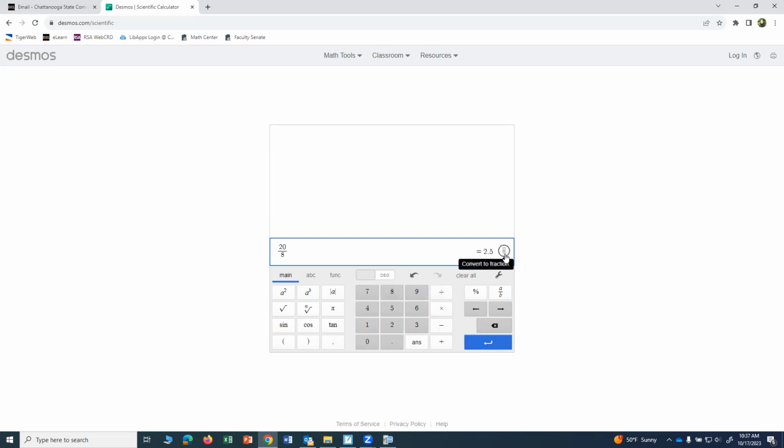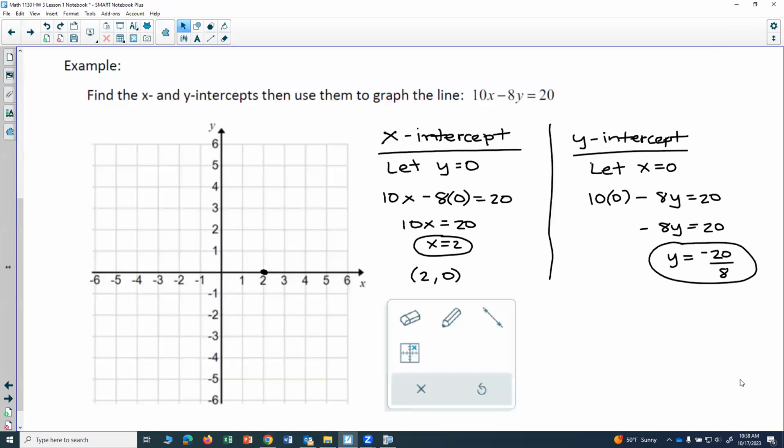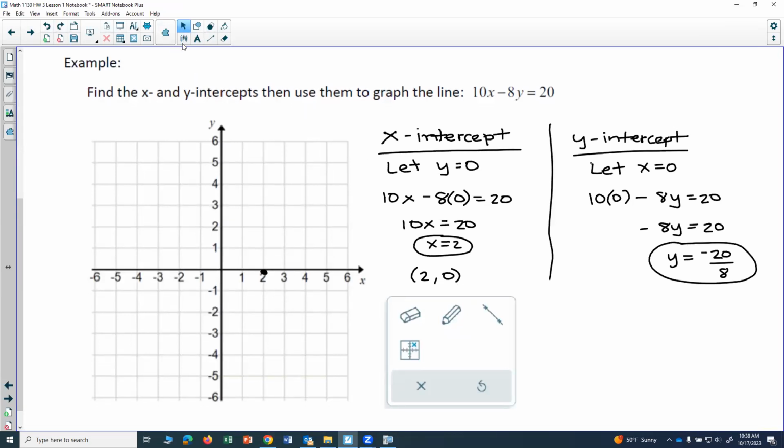If you wanted your answer as a fraction, you could click this button, convert to fraction, and get 5/2. I'm going to use the 2.5 because that will help me with graphing to have it in decimal form. So I'm going to use y equals negative 2.5.